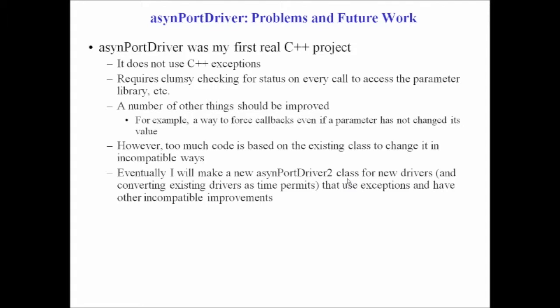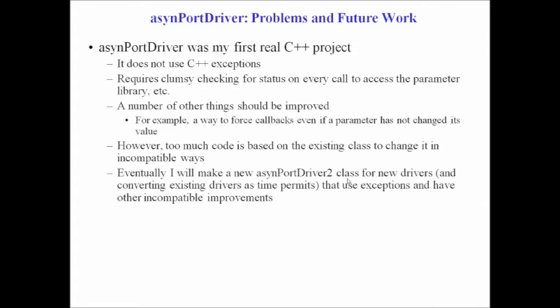There are a number of other things that should be improved. For example, right now there's not a way to force a callback even if a parameter hasn't changed its value. Usually that's what you want, but sometimes in a data acquisition task, you might want to have a callback going out that says there's a new value even when it hasn't changed, so that people can be waiting for that new acquisition value.